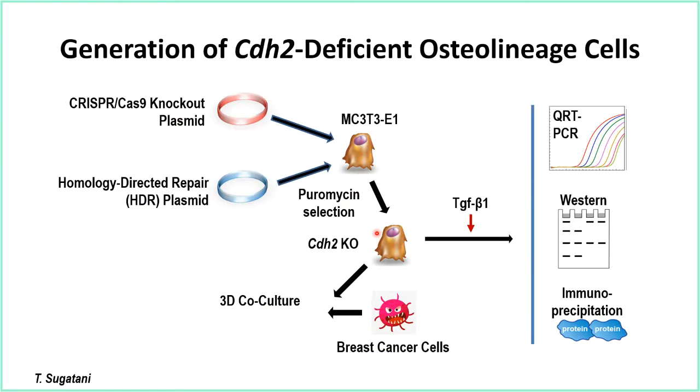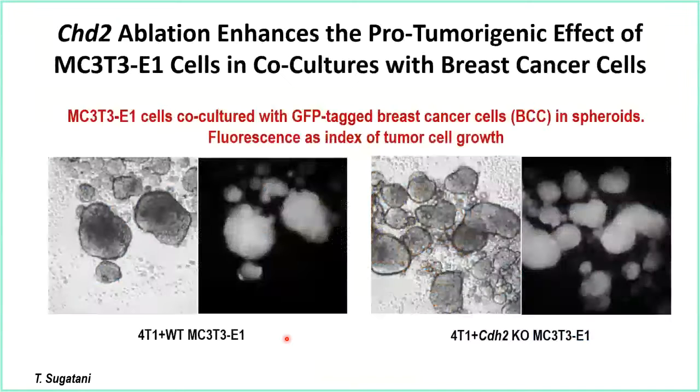And then we used these cells for two things. First of all, to look at signaling using molecular biology tools, and also to look at their effect on growth of breast cancer cells, sorry, using 3D co-cultures in vitro.